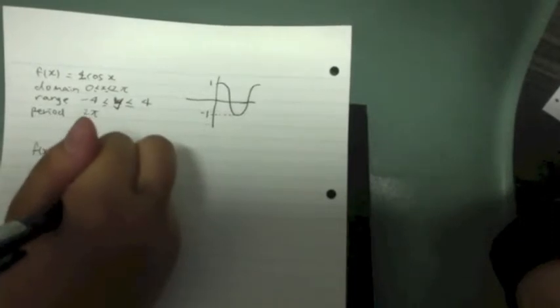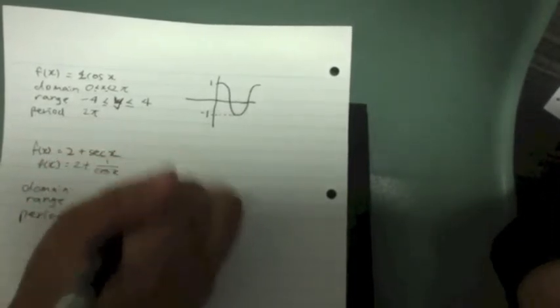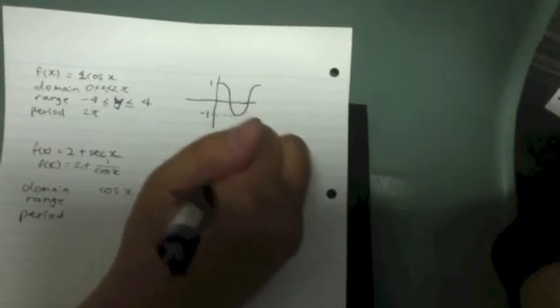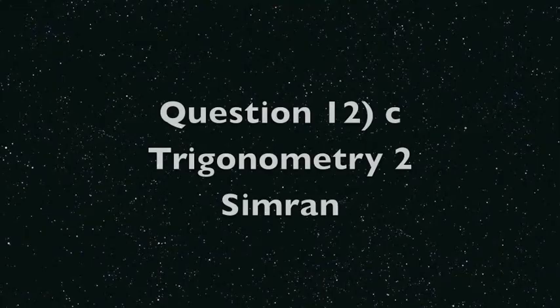Since this is 1 over cos x, the cos x cannot be 0. So let's find out. Cos x cannot equal to 0, right? So let's find out what makes cos x equal to 0.